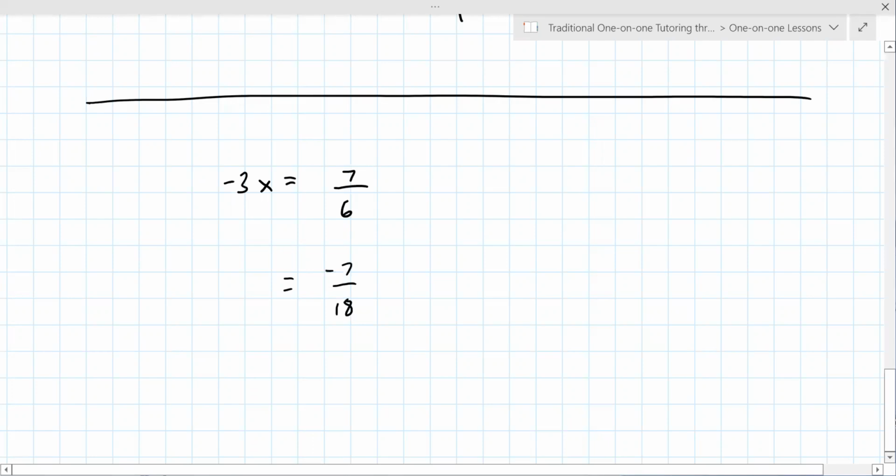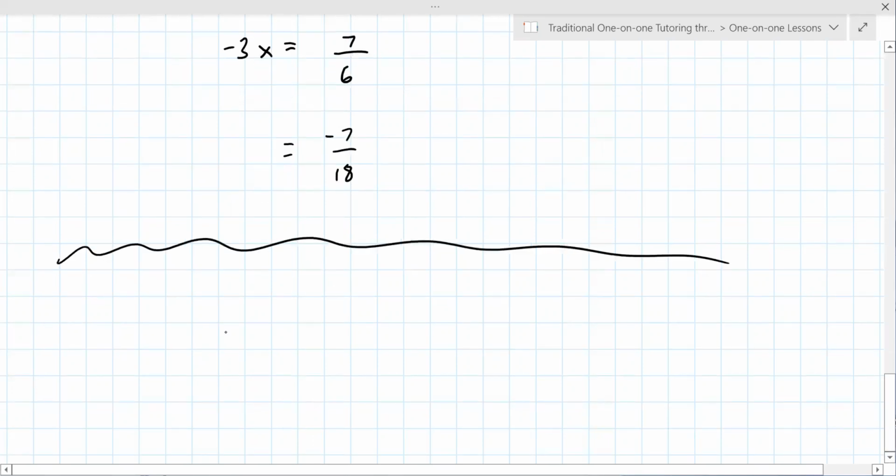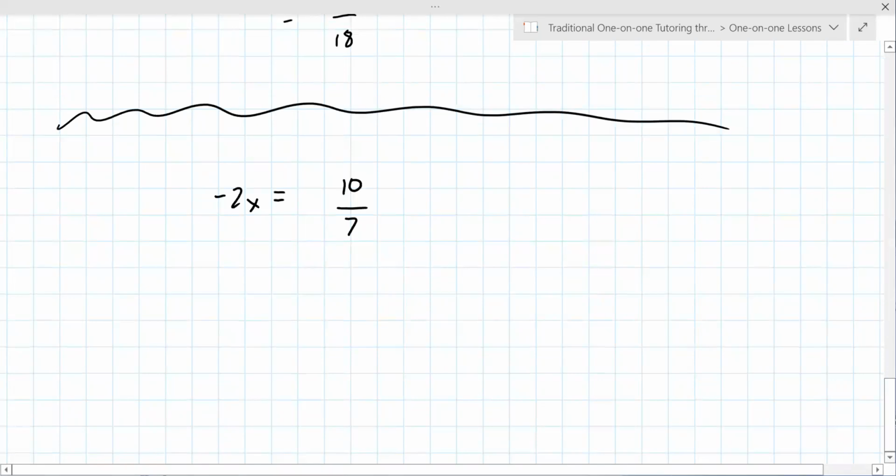Now, what could happen, and I'll do that in this one, is let's say it's negative 2x equals 10/7. This time you get a reduction. You have a fraction that you have to reduce.